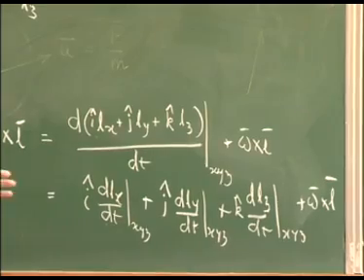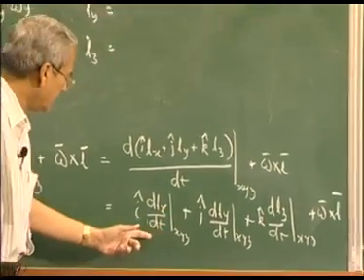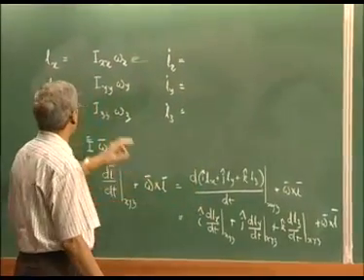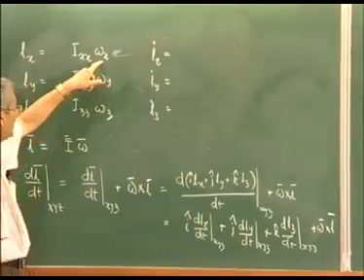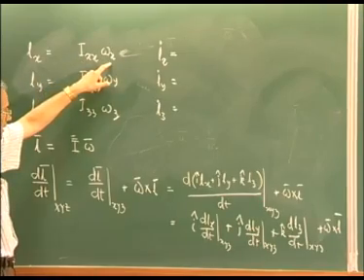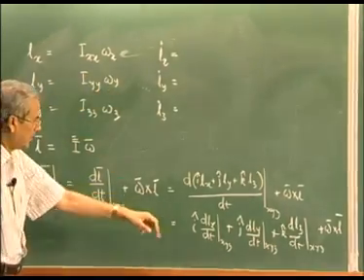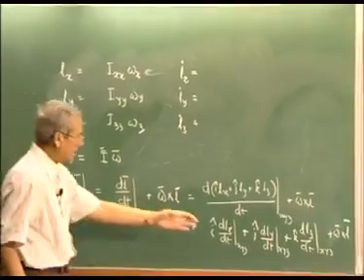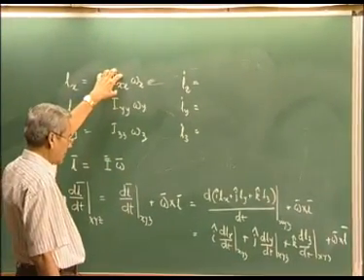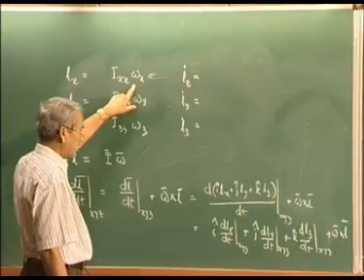Now, dLx/dt, Lx magnitude, now we are talking about the magnitude of Lx, which is given by this. So if we differentiate this with respect to time in the small xyz frame, then this is a constant quantity in the small xyz system, only this can change.